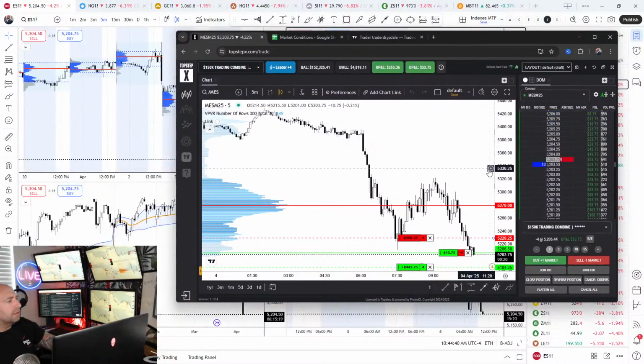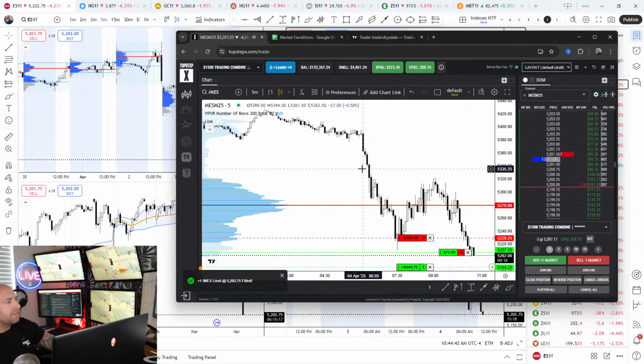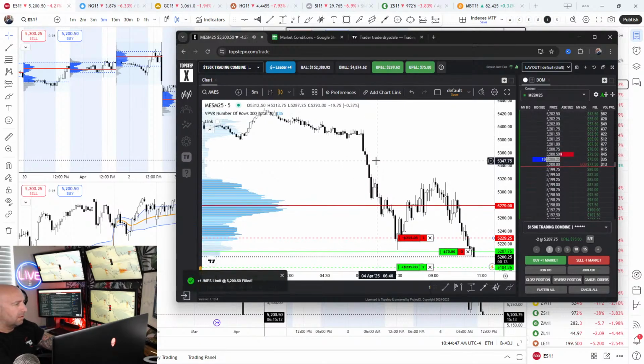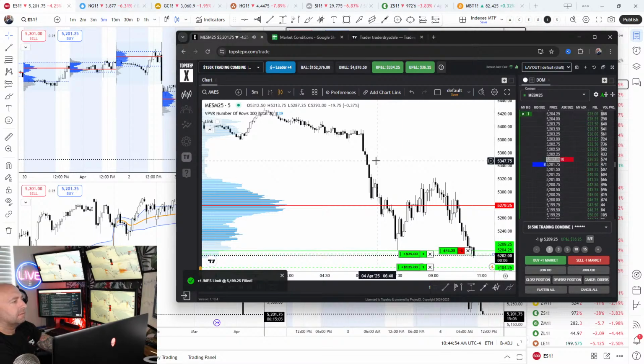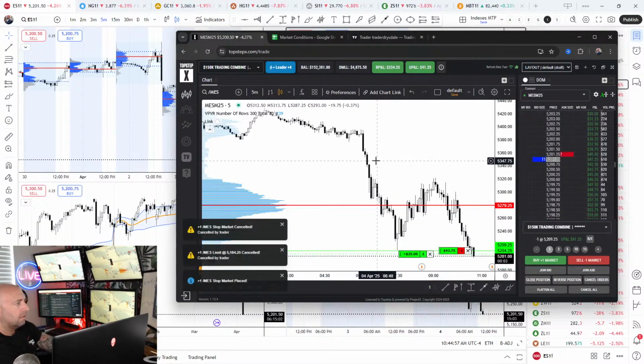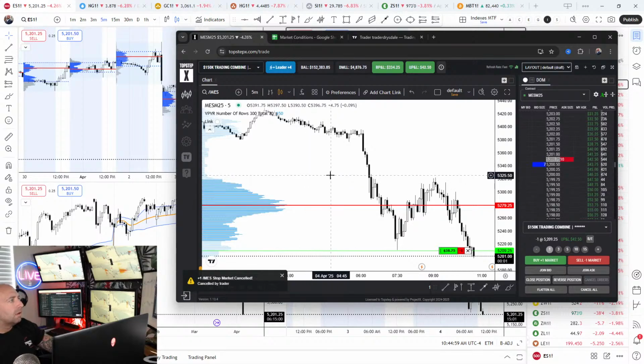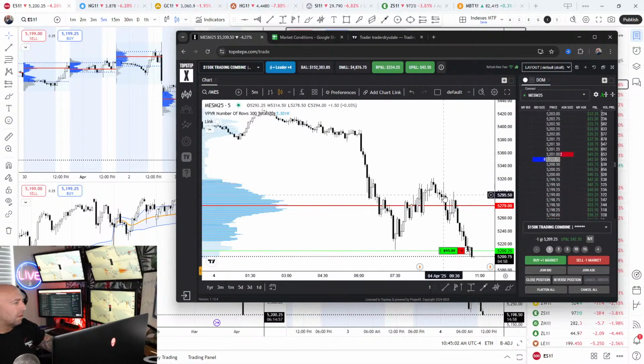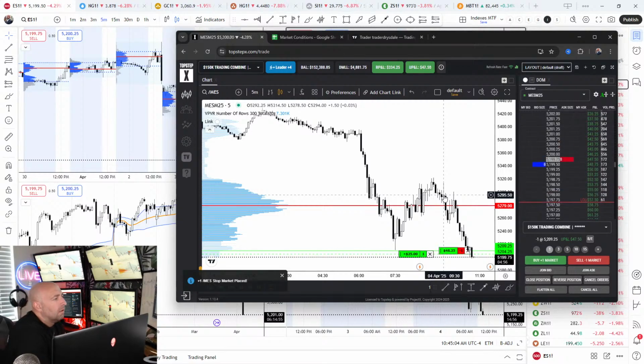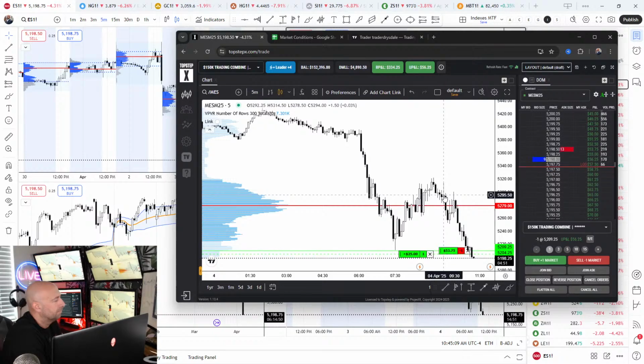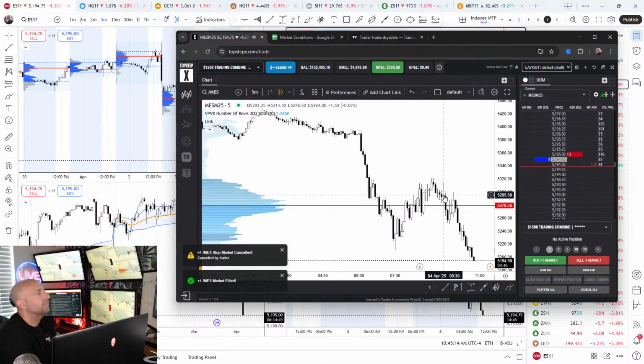So we'll start taking a little off as it works in my favor. Order filled. If we hit new lows here, stop at break even. See if we get a little follow through here. Take that off there. About 400.